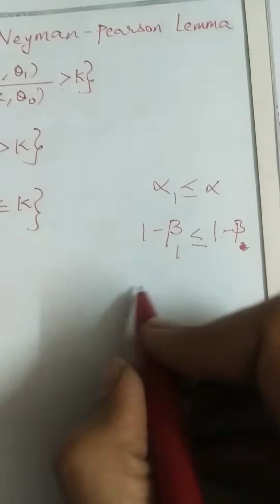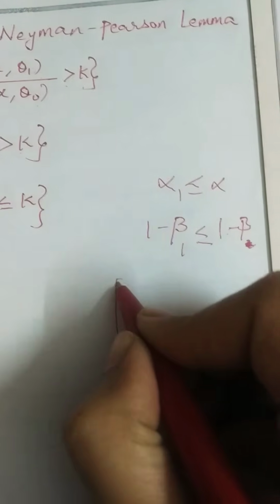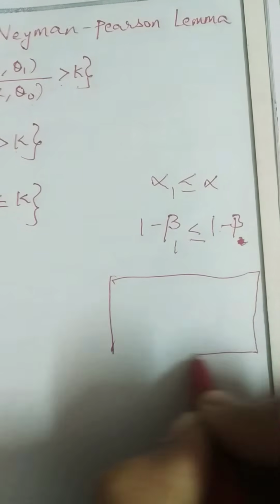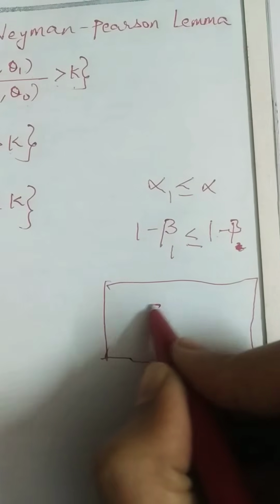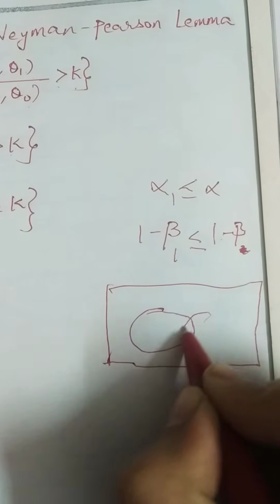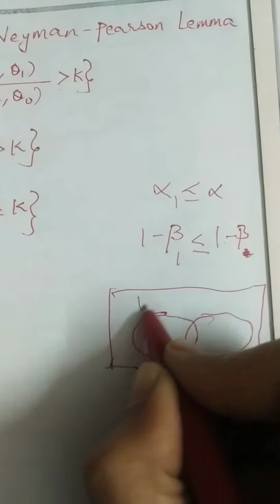So here students, just see this. Suppose there is a subset like this. This is omega and this is omega 1.